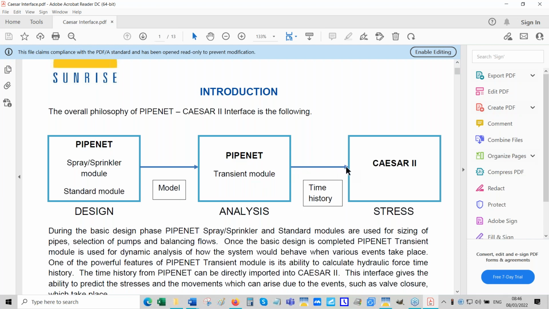We saw that graphically, but PIPENET also produces the time history as a text file, and that is what Caesar2 can read. Caesar2 is not the only piping stress program. There are other programs such as Road2 from Germany, which is another very good program, and they do the stress analysis.